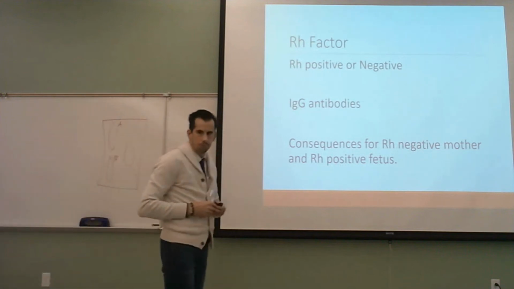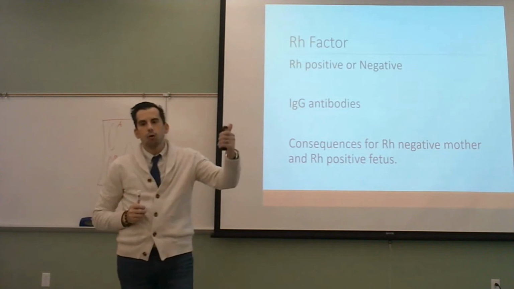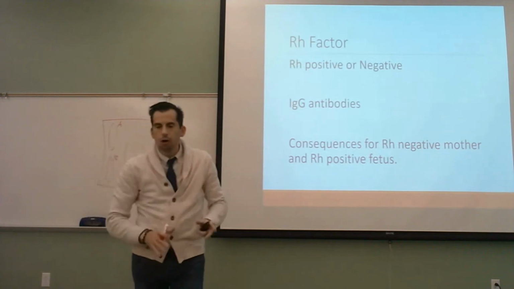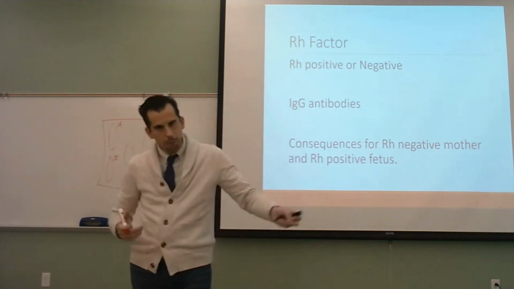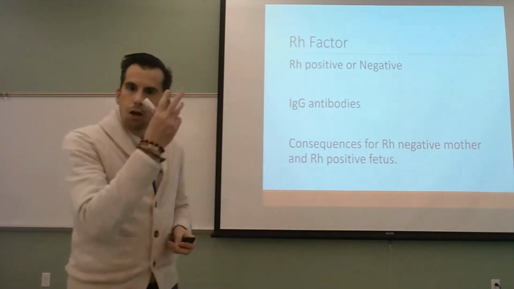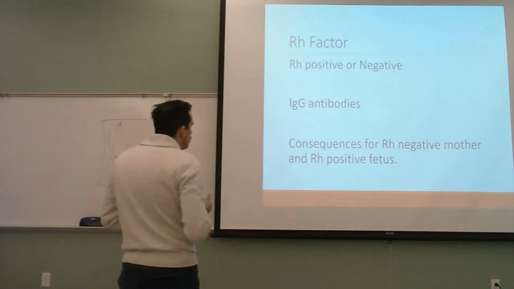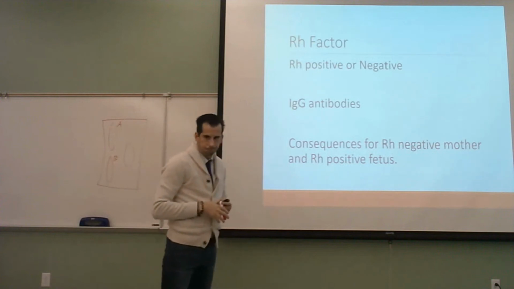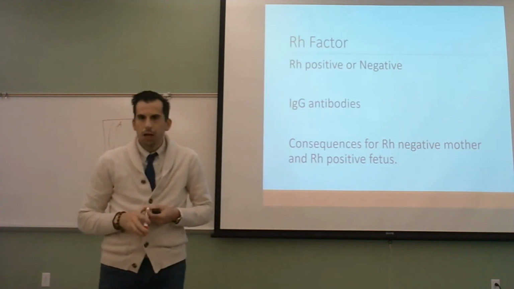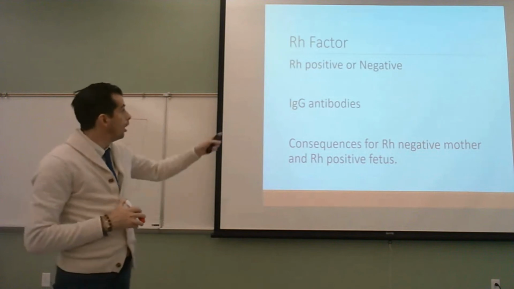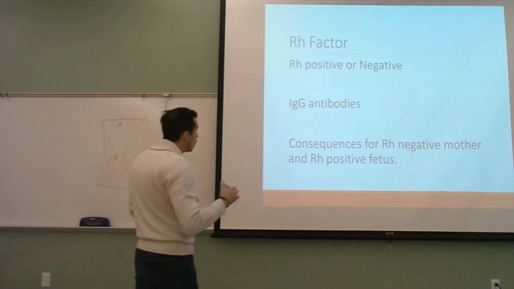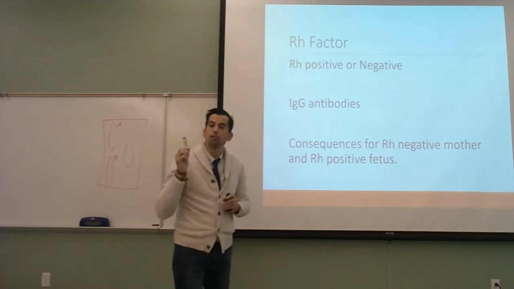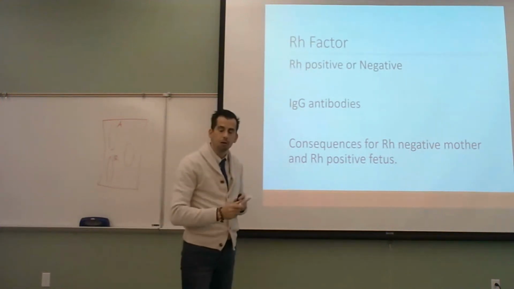That is a third antigen. So we had the A, we had the B, we had combinations of those to give us our type A, type B, type AB, and type O. The third antigen is our rhesus factor. If you are positive, it implies that this antigen is present. If you are negative, it implies that that antigen is absent.